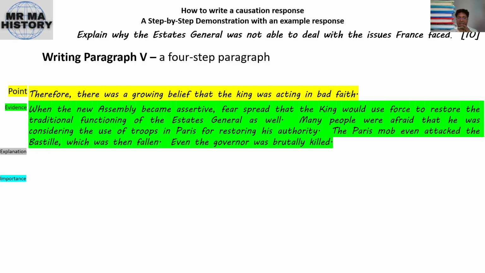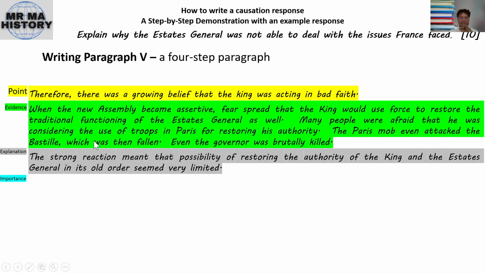So that means he was resisting the radical reforms. That means the king was no longer trustworthy to those people who were actually looking for radical reforms. So this is the explanation, and sorry, the evidence.